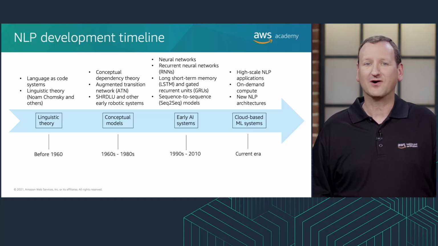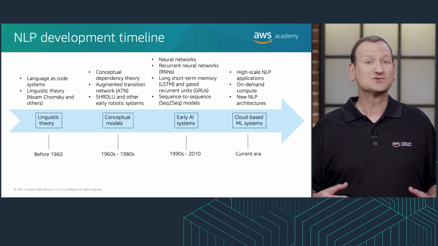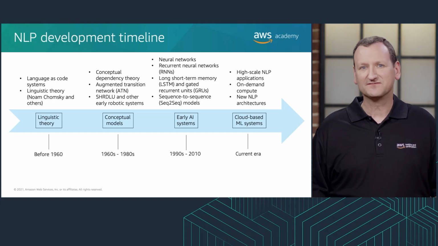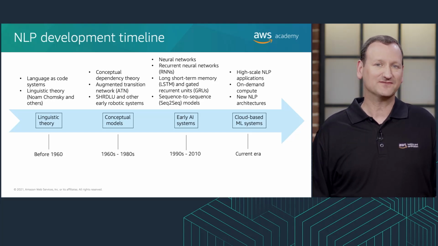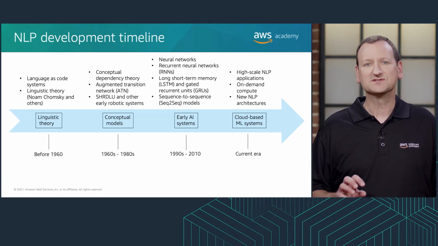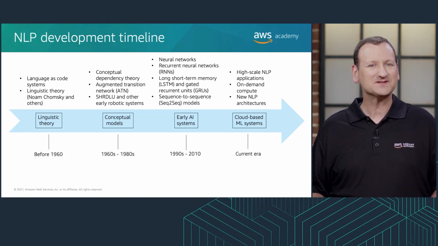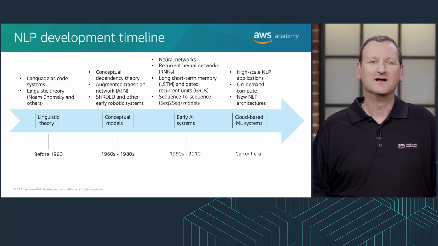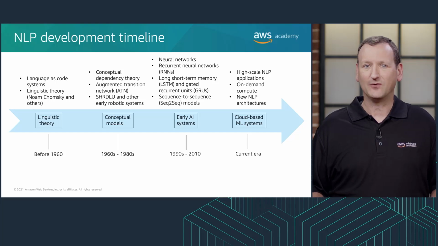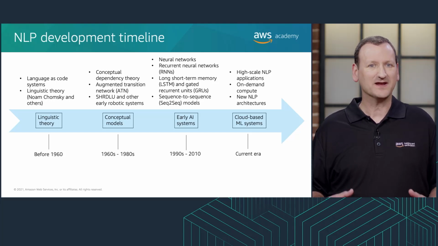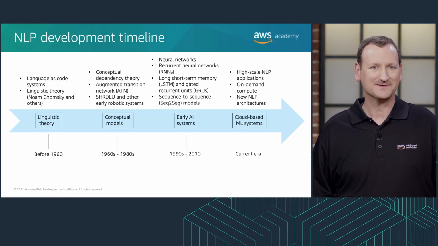One of the well-known artifacts from this period is the Turing test, which was developed by Alan Turing in 1950. The Turing test determines whether a machine exhibits intelligent behavior that can't be distinguished from human thought. The lack of a linguistic model was a major stumbling block for many of these early approaches to NLP.